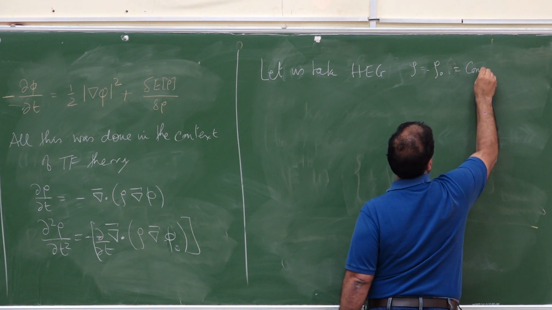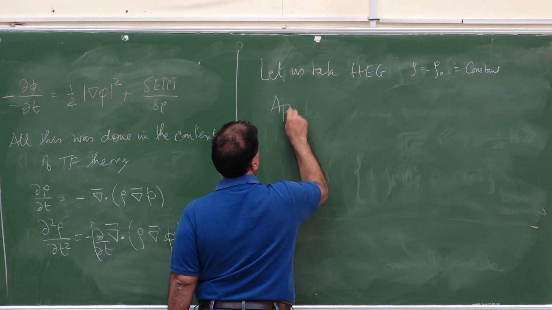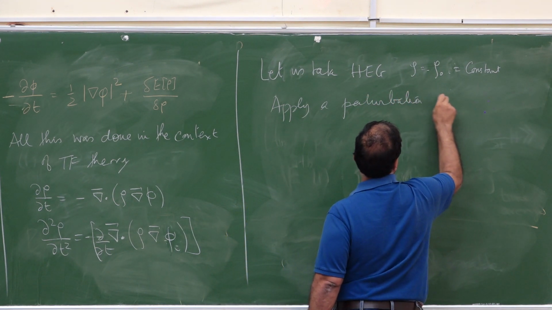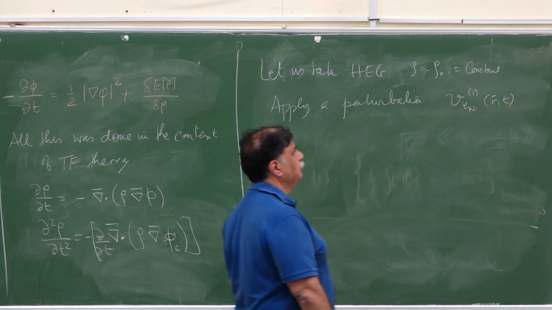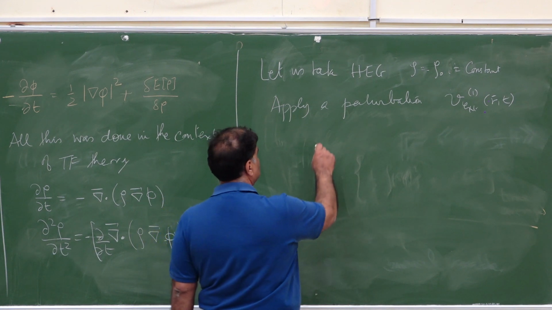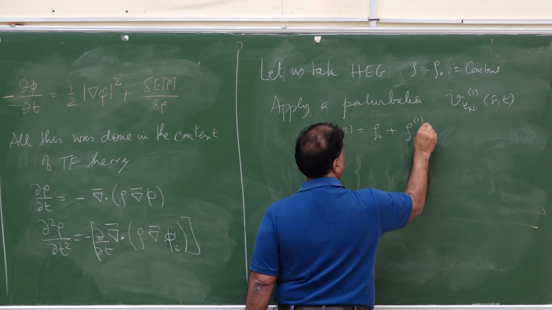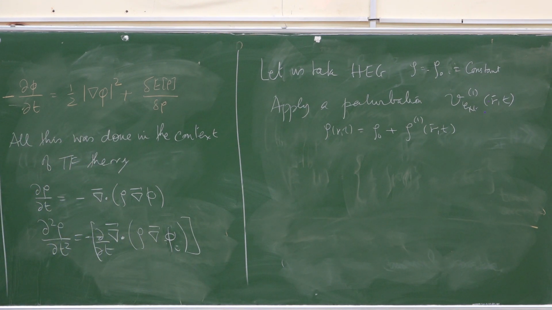Apply a perturbation, external potential V1(r,t). I'll expand this in terms of first order. Then I'll assume that rho(r,t) can be written as rho 0 plus some rho 1(r,t). Alright, then I'll do the first order.